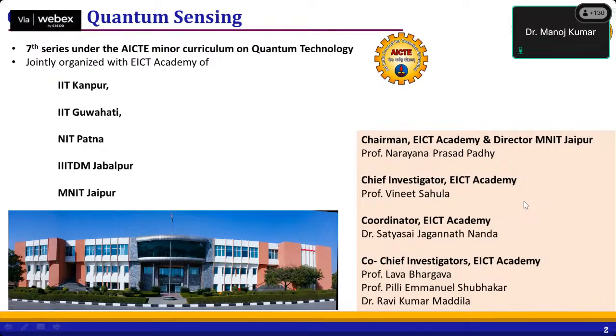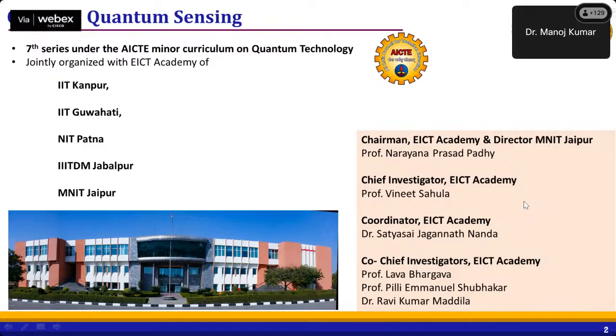Pilli sir is here, and Saula sir is here, so we'll try to bring more such courses from our side. Now I would like to hand over to Dr. Kamlin Awasthi, my head of the Department of Physics, and also one of the joint principal coordinators of this event. Awasthi sir, please.